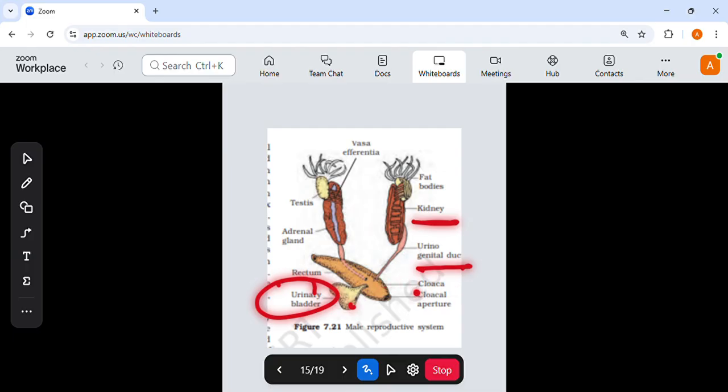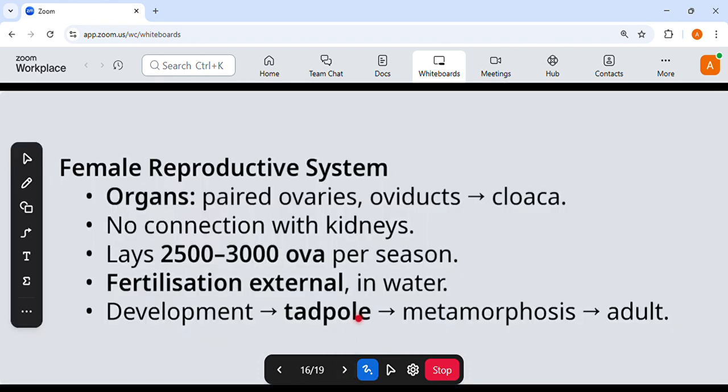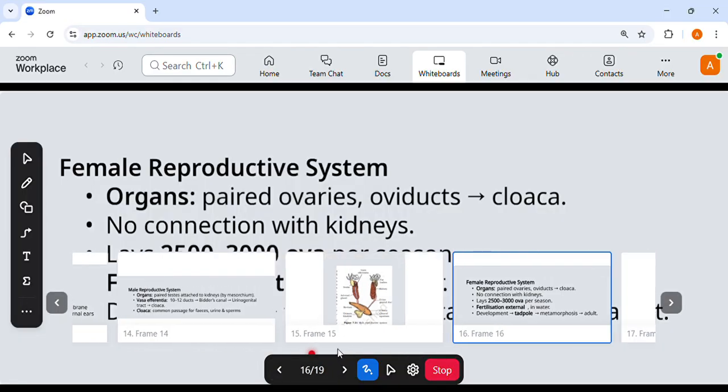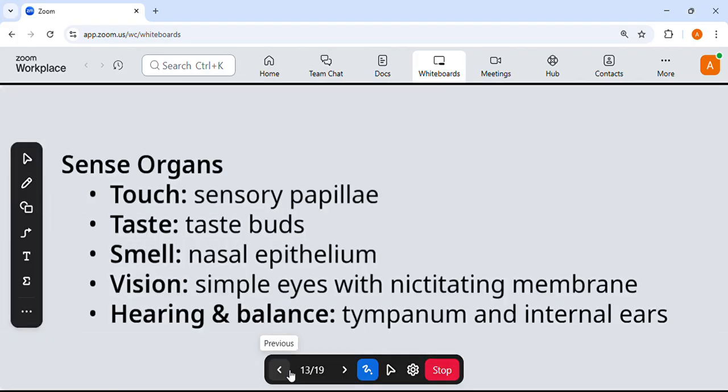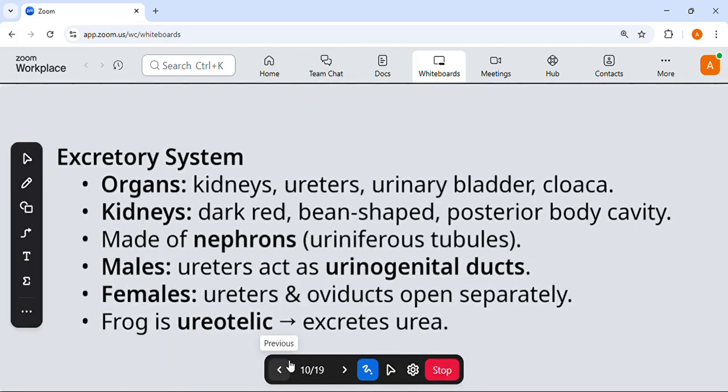All this opens into the cloaca, and cloaca is basically a common chamber for reproductive system, excretory system, as well as digestive system. In female, you see the urinary system is completely different, and oviduct is a completely separate system. In male, same opening we can tell. Ureter acts as urinogenital duct, and they secrete urea.